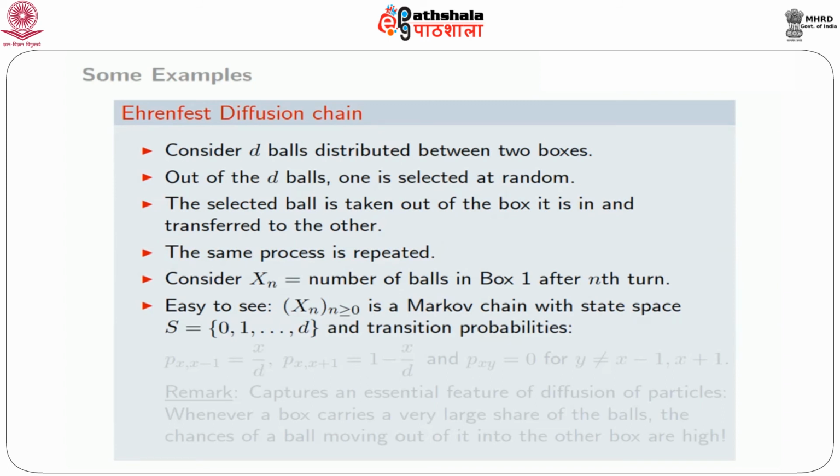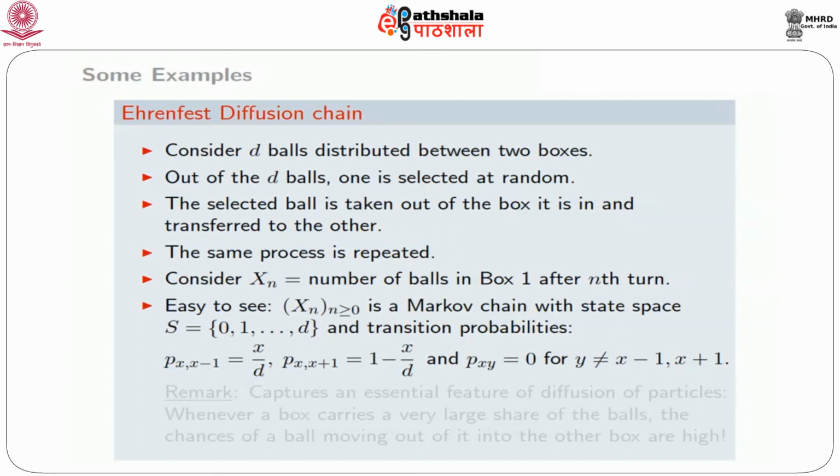Its state space clearly would be the number of balls in box 1, which could be 0 or 1 or at most d. So this is the state space. And the transition probabilities are like this. From a state x, you can either go to x minus 1. That happens if the ball that is selected comes from box 1, then that ball is taken out of box 1.